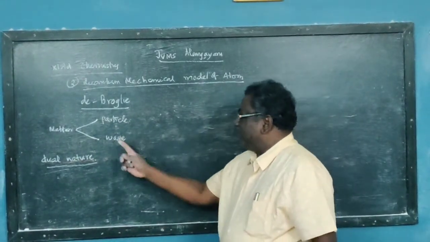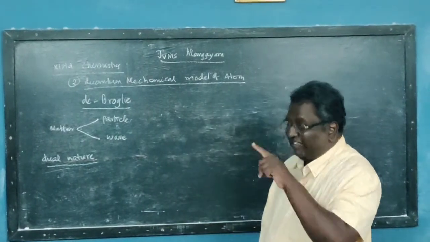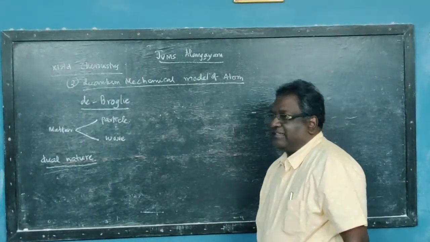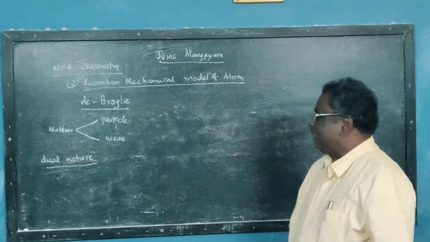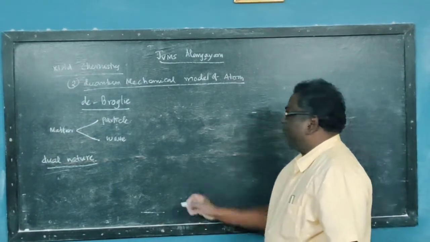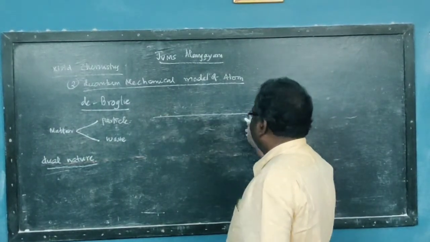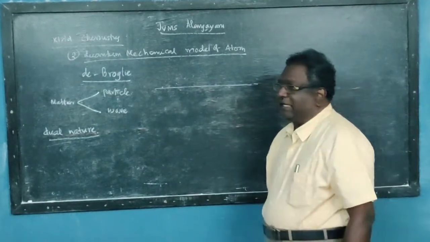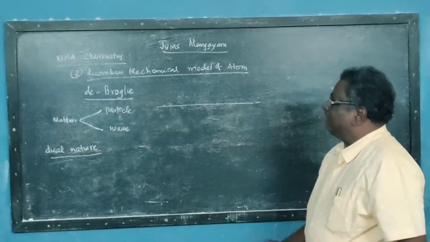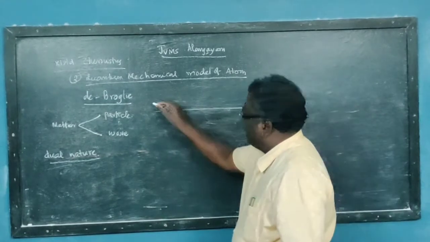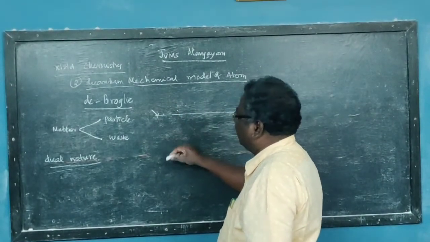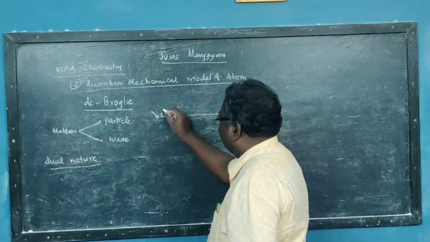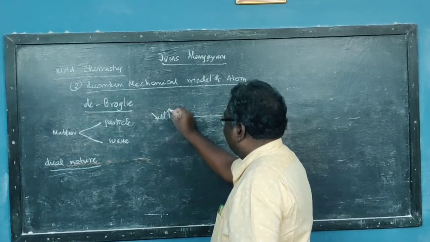We should know something about this wave. What is a wave? Wave is a disturbance, right? Wave is a disturbance that is made in the medium. For example, if you take water in a pond, it is stable. When you strike a stone, the particles start jumping, right?